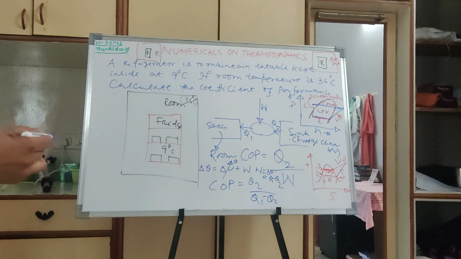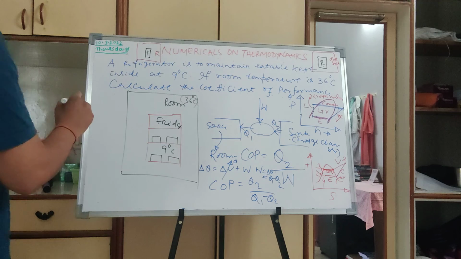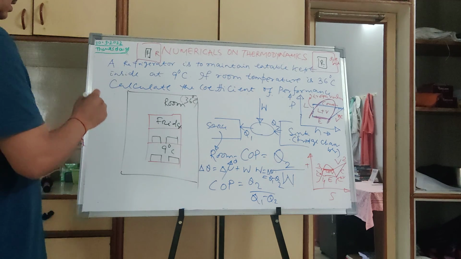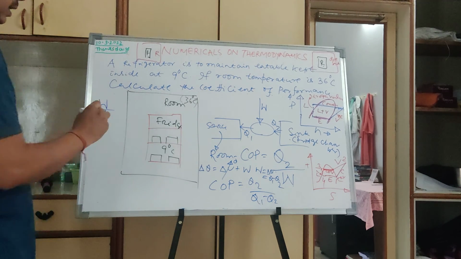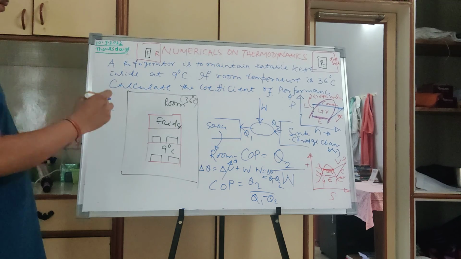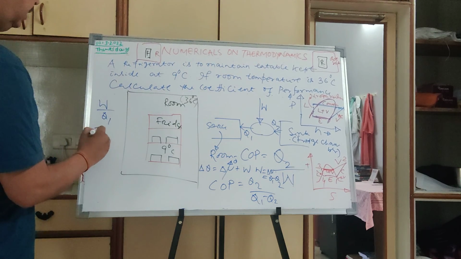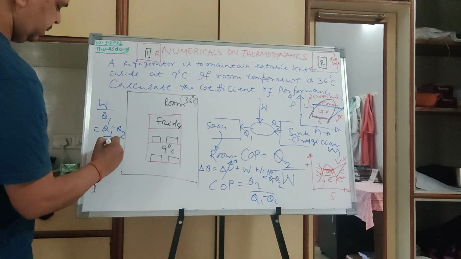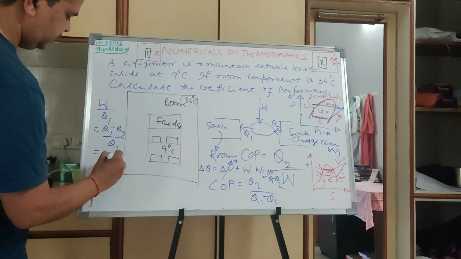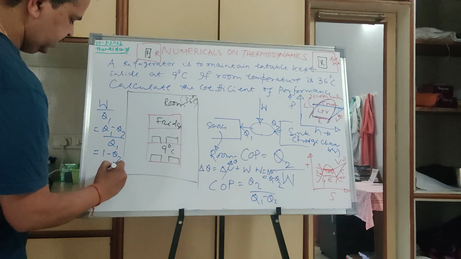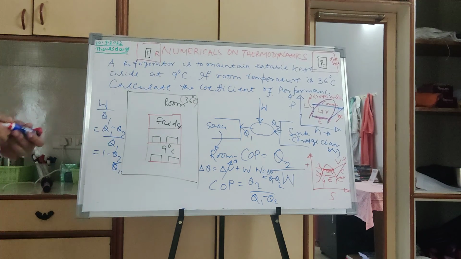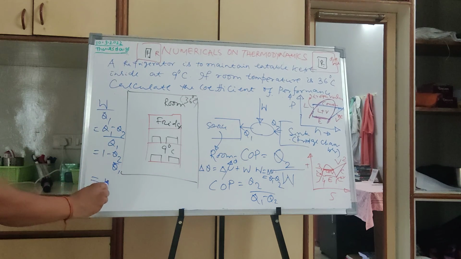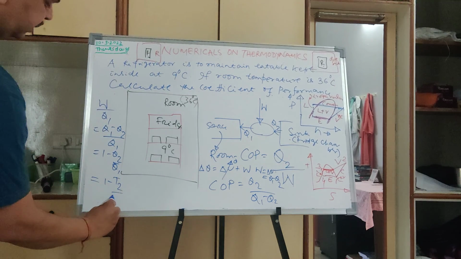In a heat engine, it was the work done divided by Q1, right? W is nothing but Q1 minus Q2, so the efficiency is Q1 minus Q2 by Q1. So this becomes 1 minus Q2 by Q1. For an ideal and reversible process, you can replace Q2 by T2 and Q1 by T1, giving 1 minus T2 by T1.